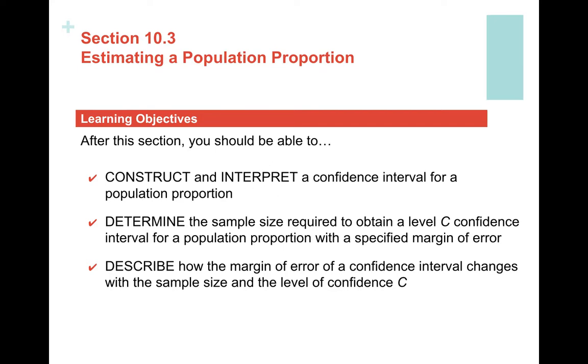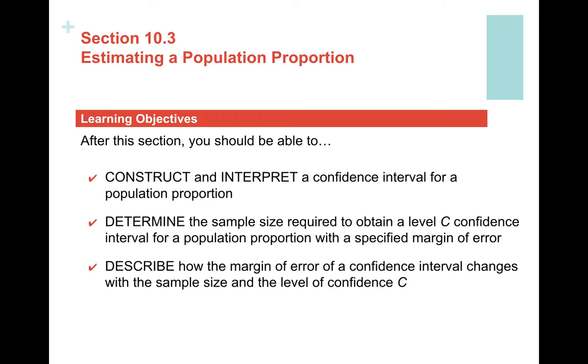The phrase I asked you to memorize should say something like, we are 95% confident that the interval from lower bound to upper bound captures the true population, in this case, proportion of whatever in context, right? So let's say that our context was, we want to know out of all the high school seniors in the Tri-Valley area, what proportion of them wears glasses, right?